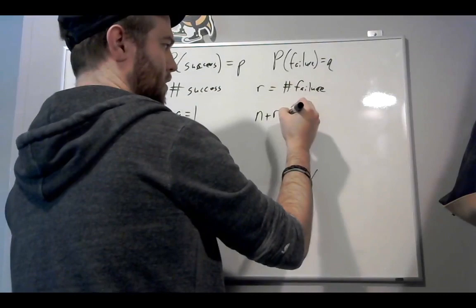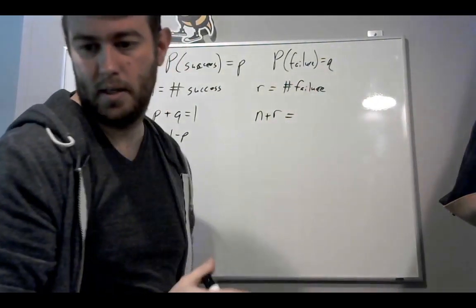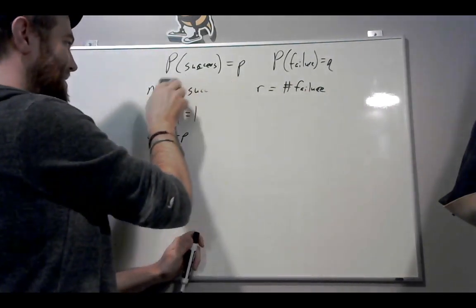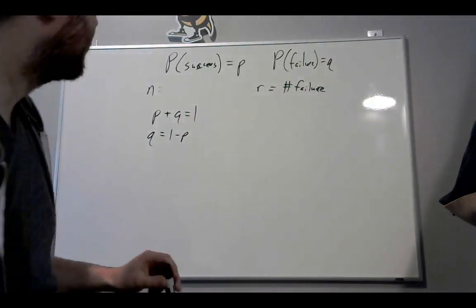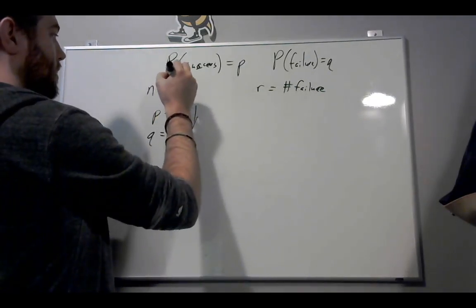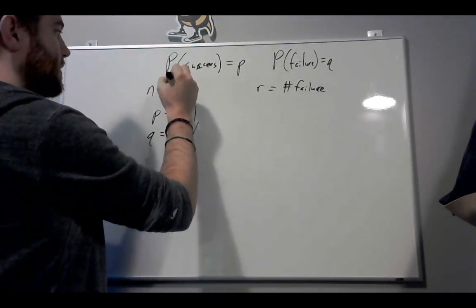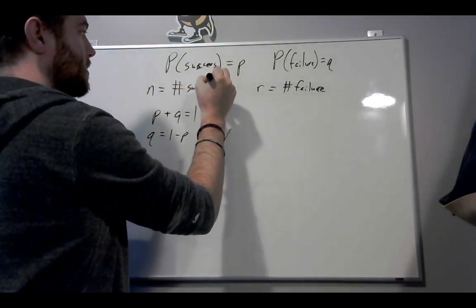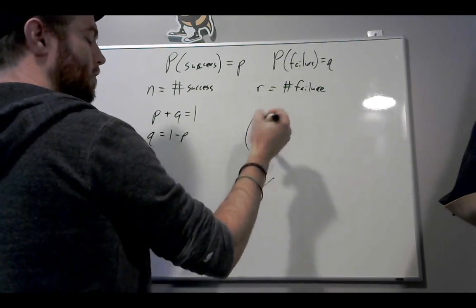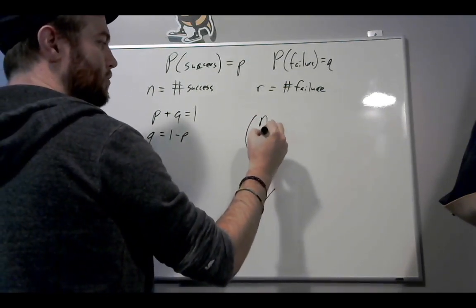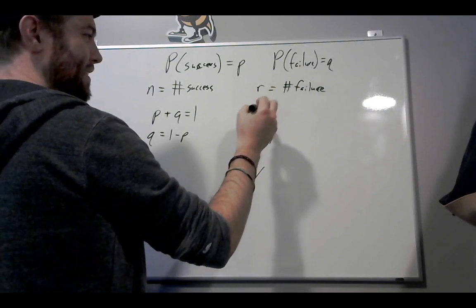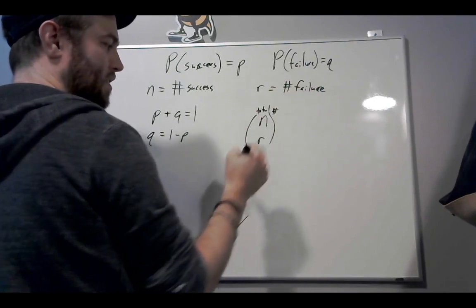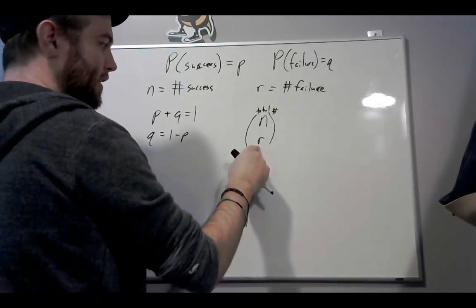I shouldn't say it that way. So our formula is going to be n choose r, where n is really your total number of cases, and you're trying to choose r.